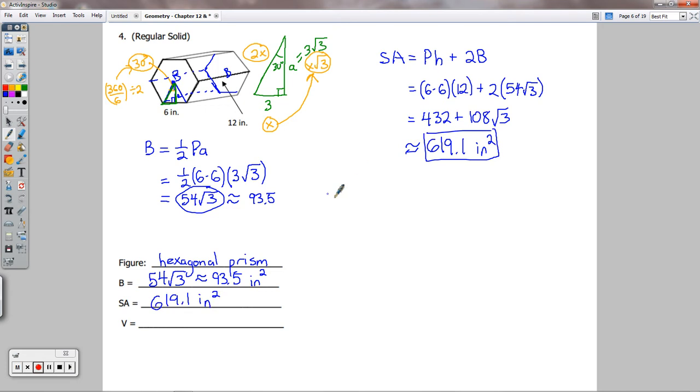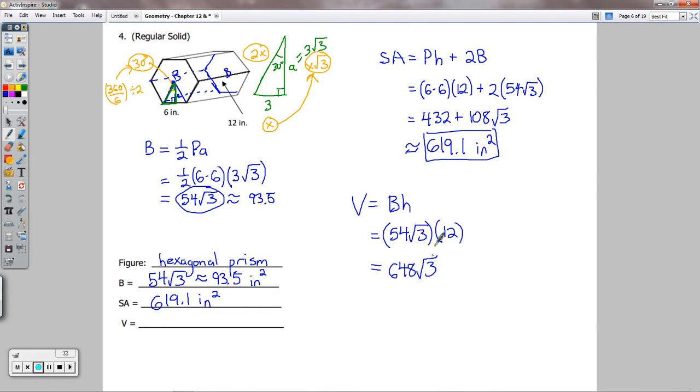And then the volume, it's still a prism. We're doing all our prisms at once, it looks like here. We're starting off at least with a lot of prisms. The base, 54 rad 3, 54 times the square root of 3, times the height, which is 12. So 54 times 12. Looks like this exact answer would be 648 times the square root of 3.